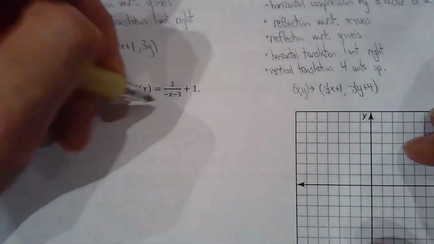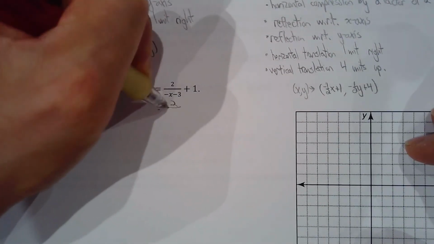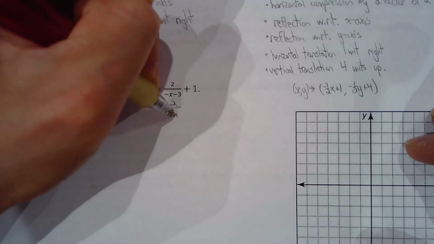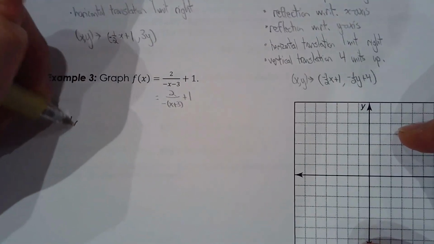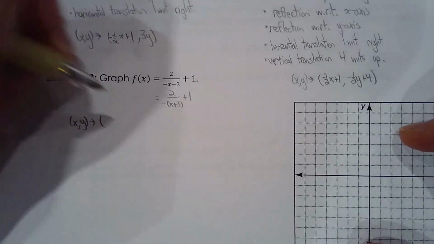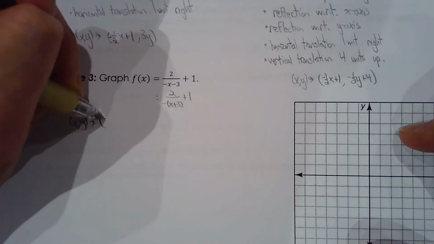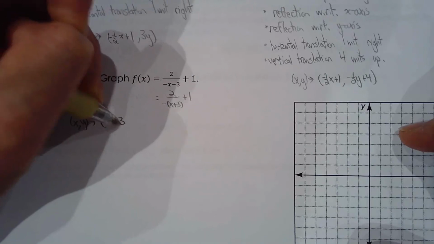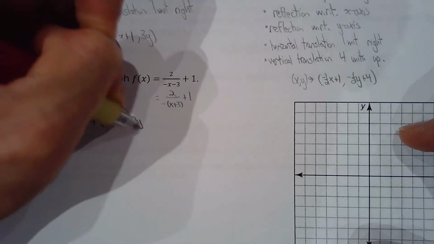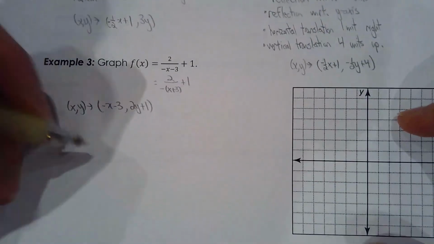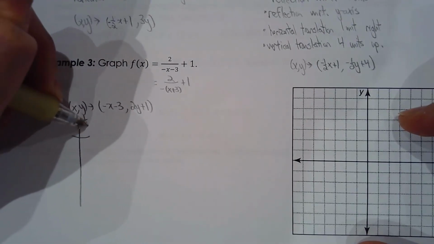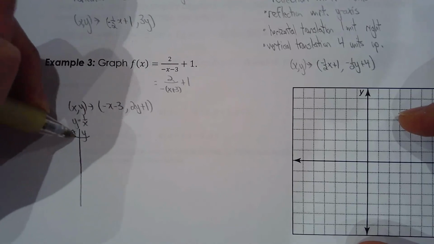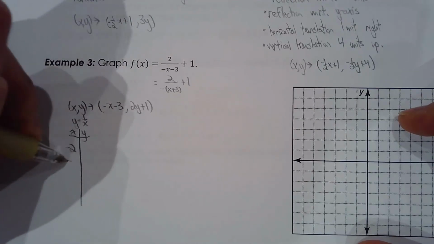Okay, all right, so I'm going to factor out k. That's going to be negative x minus 3, 2y plus 1. Okay, we're transforming 1 over x. So those are the points I need to grab. Those are points I'm going to manipulate.